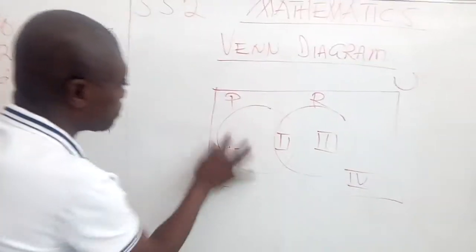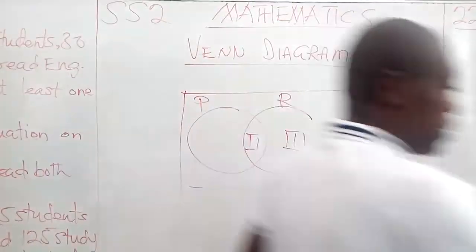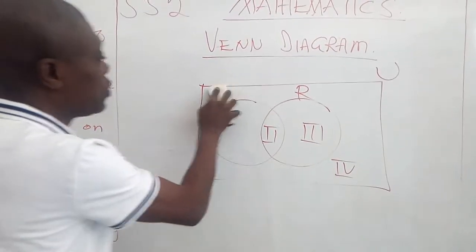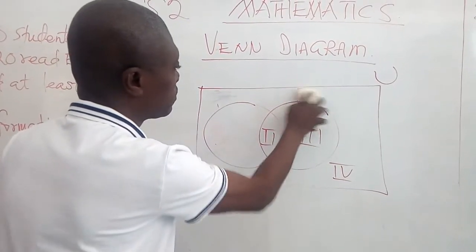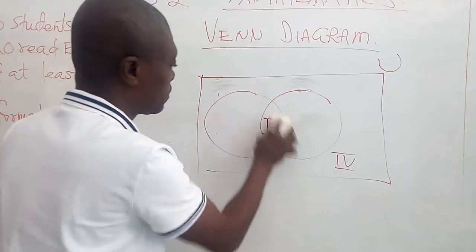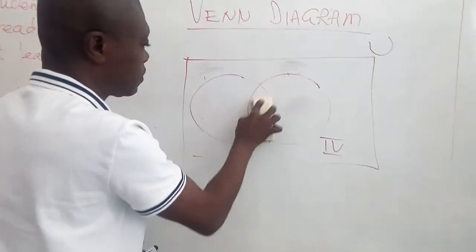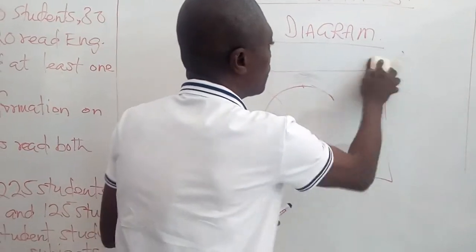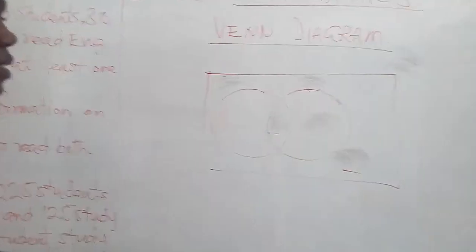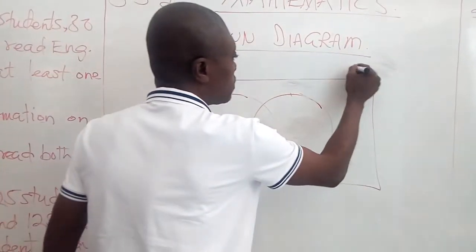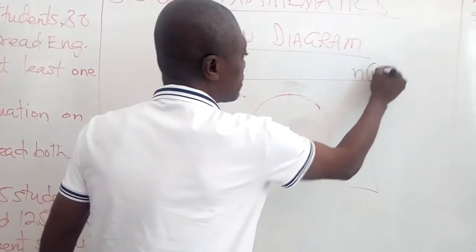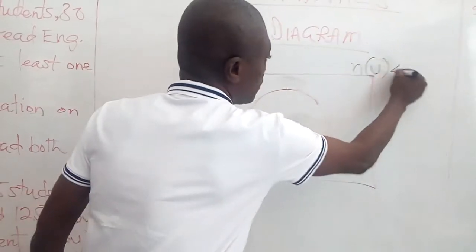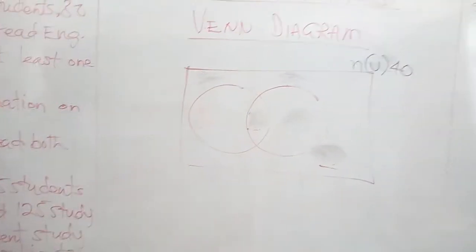Now, this is our universal set. So it is represented like this. How many are they? They are 40.